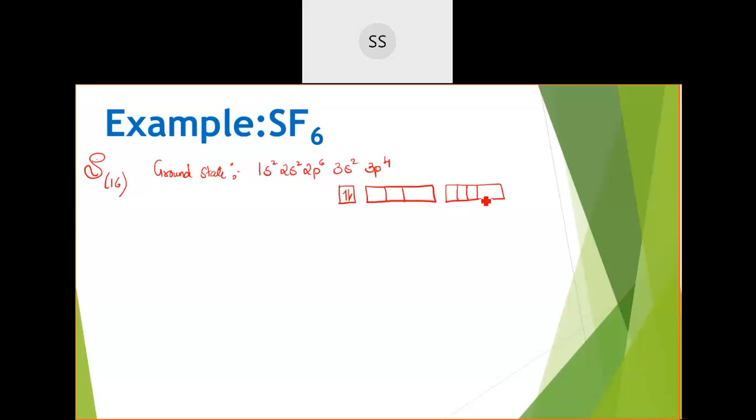You can draw this d orbital, but it will be empty in the ground state. So we have 3s, then 3p, and then 3d. In the 3p, we have 4 electrons: 1, 2, 3 and then 4. So what do we need to do now? Can you tell me what we are supposed to do after this?